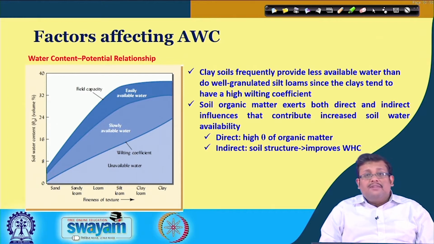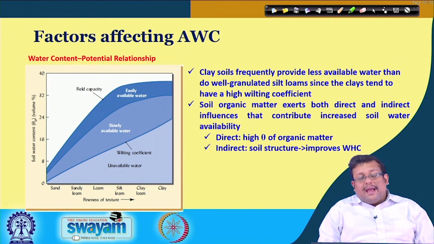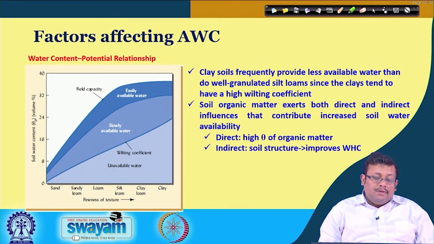And we'll start from the slides where we left off in the last lecture. We are discussing the different moisture contents of the soil and how we can term them.